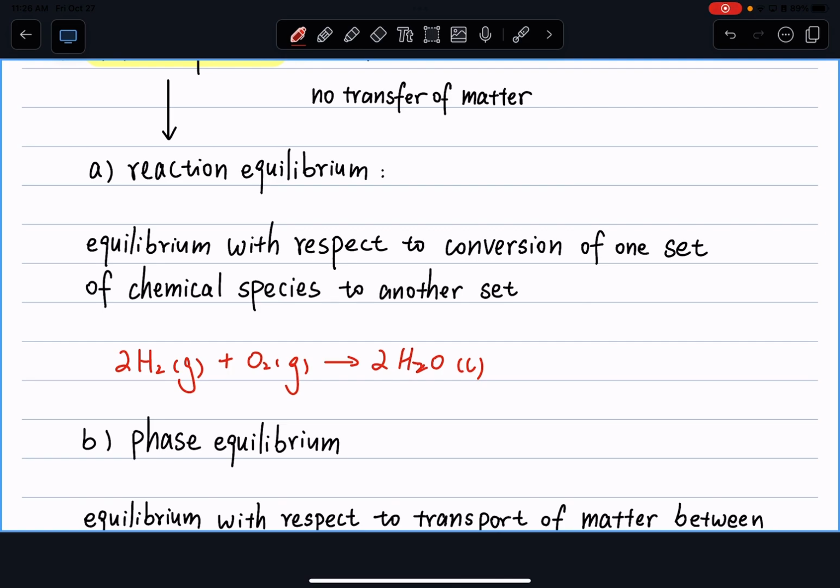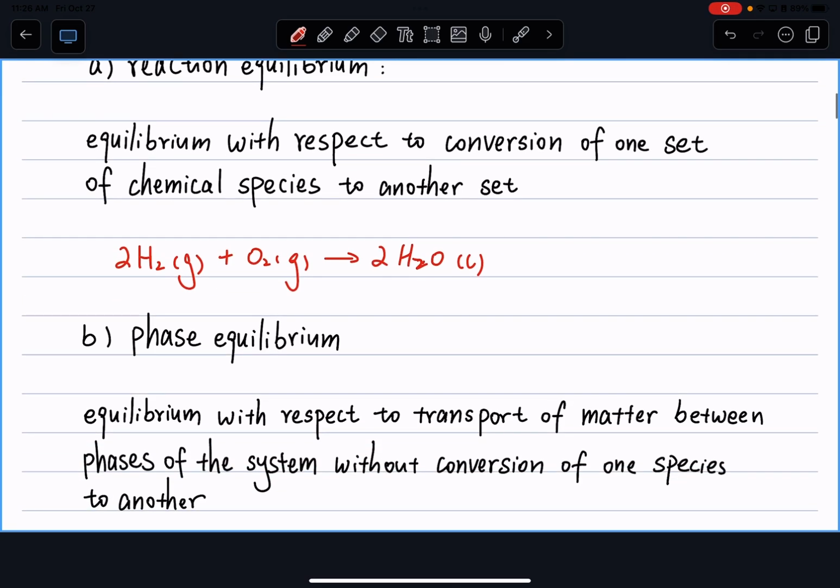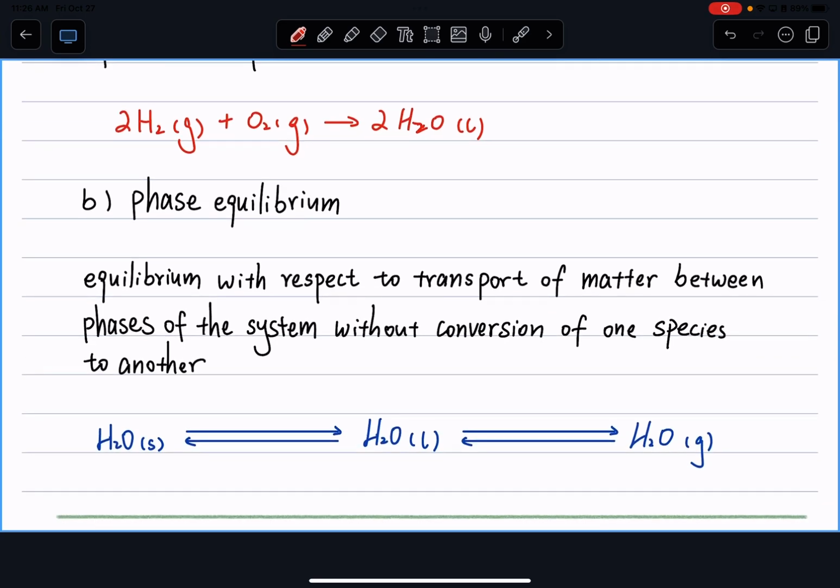Or we could also have phase equilibrium. That tells you we're talking about equilibrium with respect to transport of matter between phases of the system without conversion of one species to another. So let's assume you have a cup of ice water and also have water vapor around. Now in this process, you have Q or delta H fusion, and we're talking about a constant pressure process.